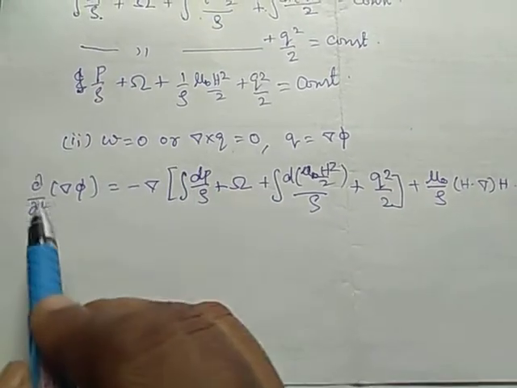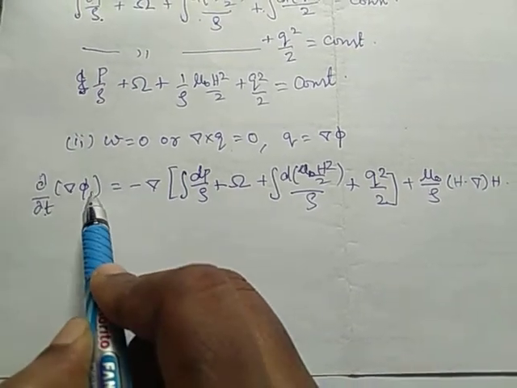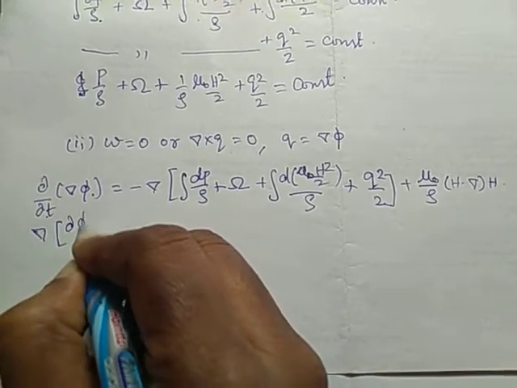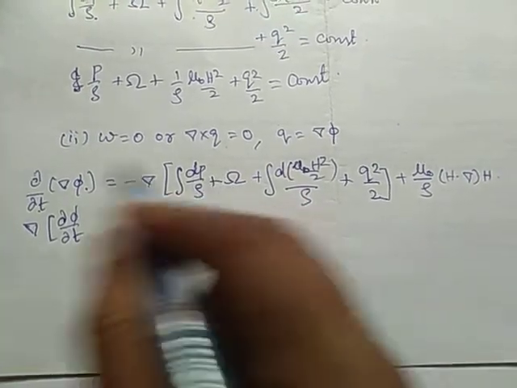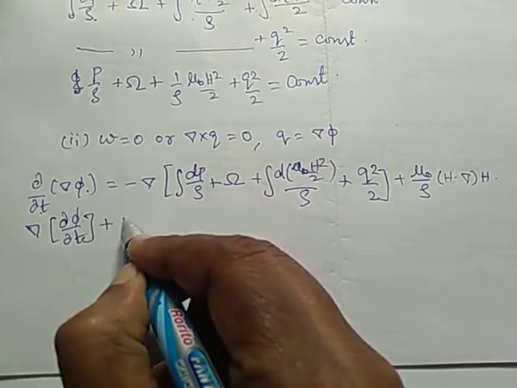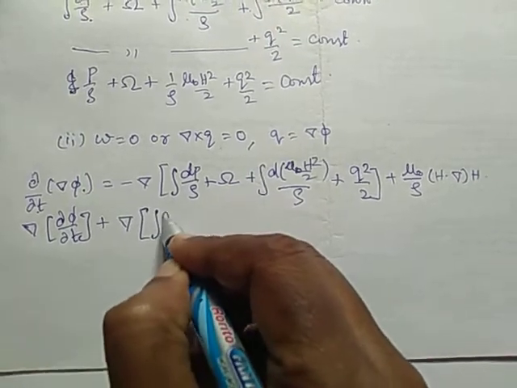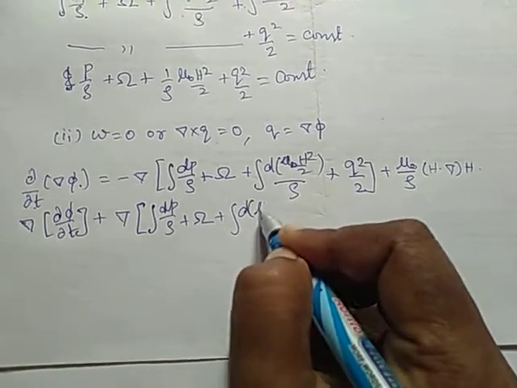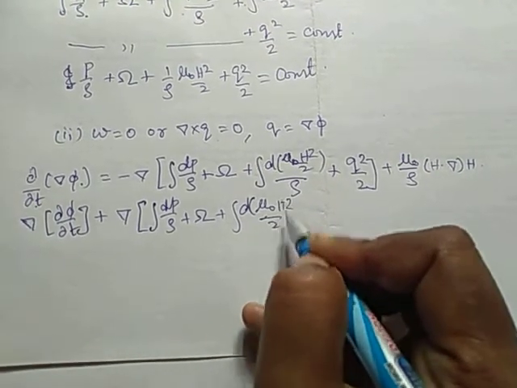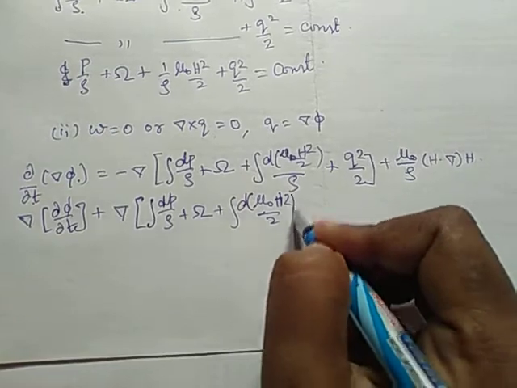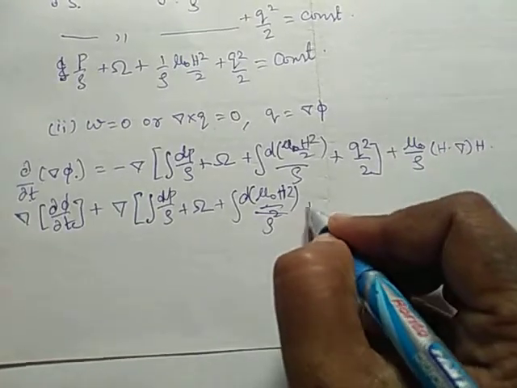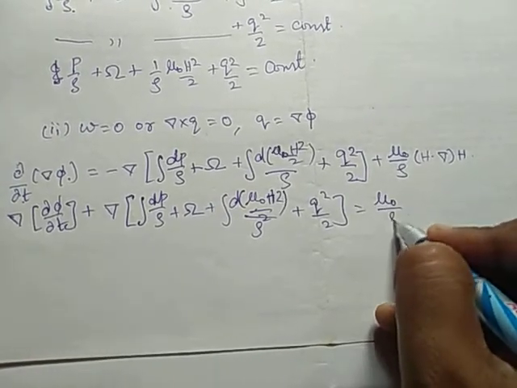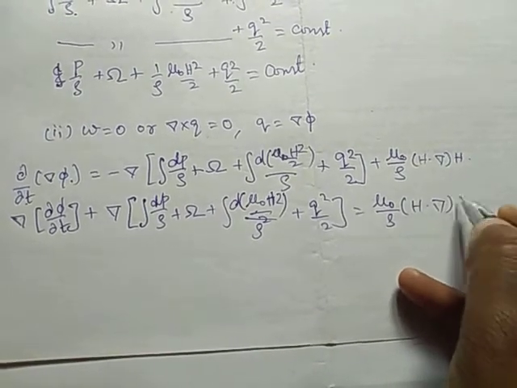Here we can write dou by dou t of del phi as del of dou phi by dou t, and shift this to LHS. We will get del of integral of dp by rho plus omega plus d mu naught h square by 2 by rho plus q square by 2, and RHS is mu naught by rho h dot del of h.